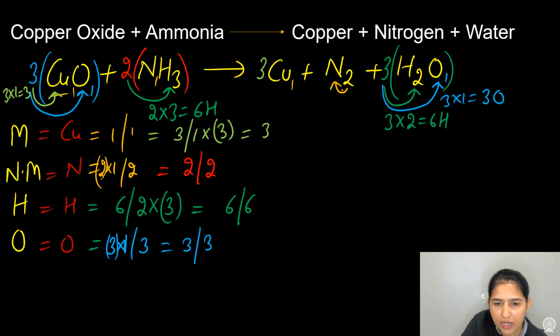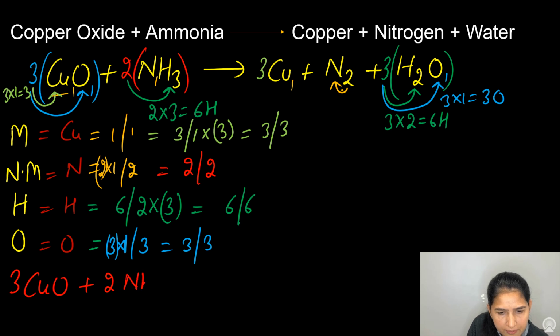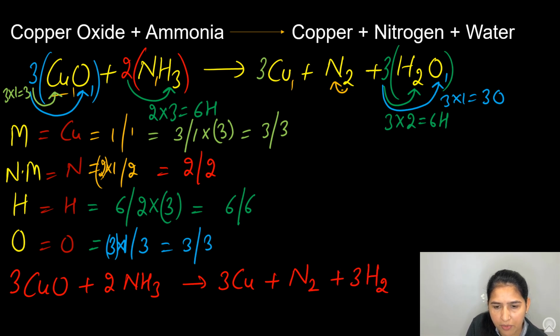So it will become balanced. Now let's write down the balanced equation, that is 3 of copper oxide, 2 of ammonia, and then 3 of copper, and then nitrogen, and 3 of water molecule.